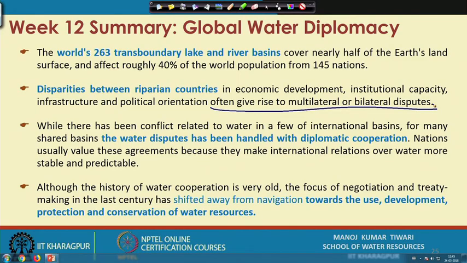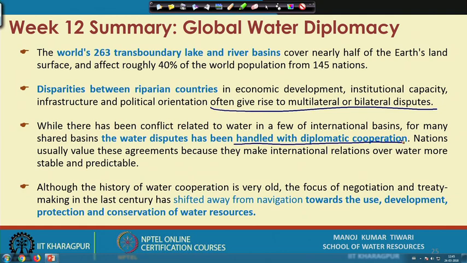While there have been conflicts related to water in a few international basins, there are many shared basins which have been amicably able to resolve the disputes and handle them with diplomatic cooperation. So, nations usually value these agreements in the form of treaties, as they make their international relations better and more stable.